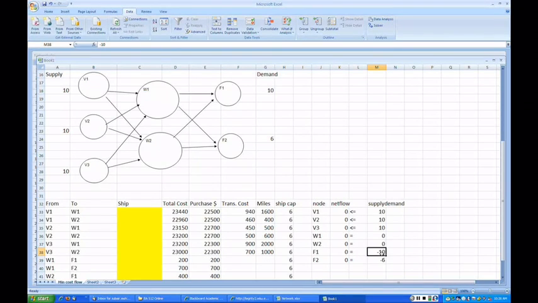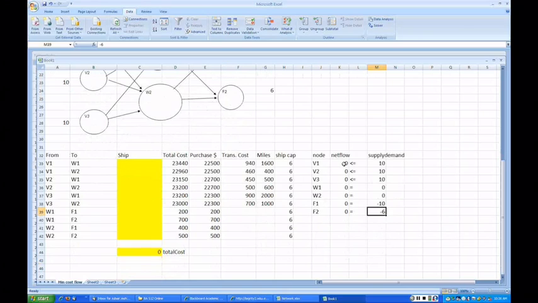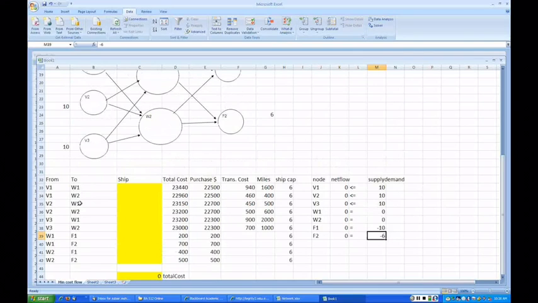So this is going to be 10 units, that's going to be 6 units, but with an equality sign. So here we have a mix. Now what we want is that whatever flows in, flows out. That means V1 W1, then V1 W2, and then you go down here: W1 to F1, W1 to F2, W2 to F1, W2 to F2. So the net flow is how we basically take the net flow.